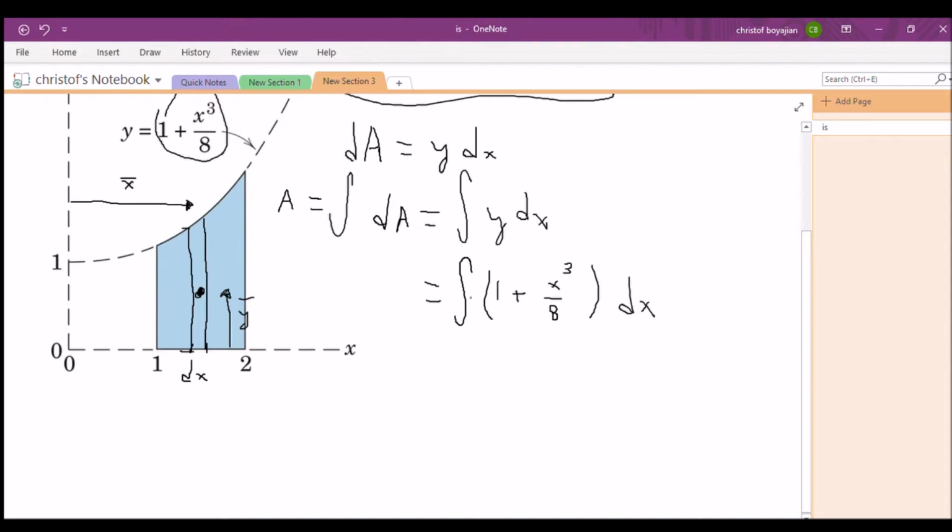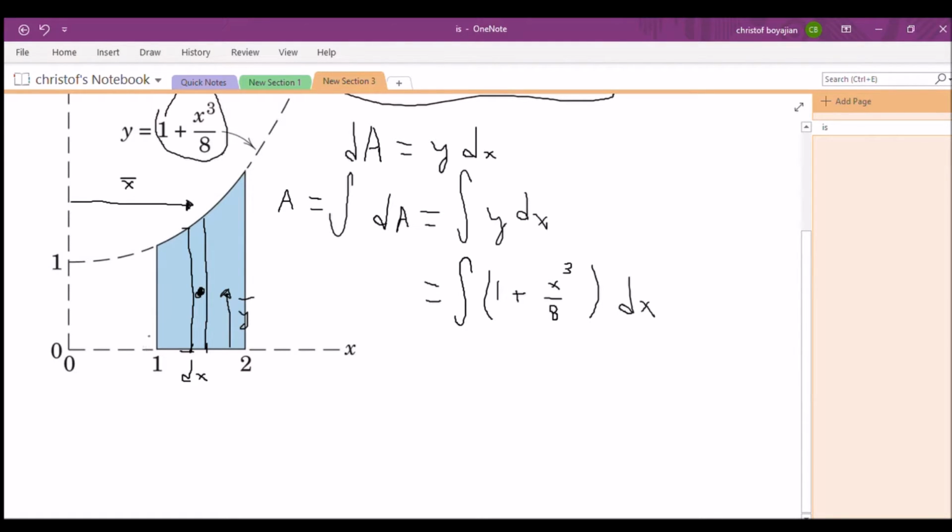Great. Last step in solving for our area is what our limits are, what goes on the bottom and what goes on the top, our bounds. If we add all of our infinitesimally small rectangles, our bounds are going to be from this point right here.